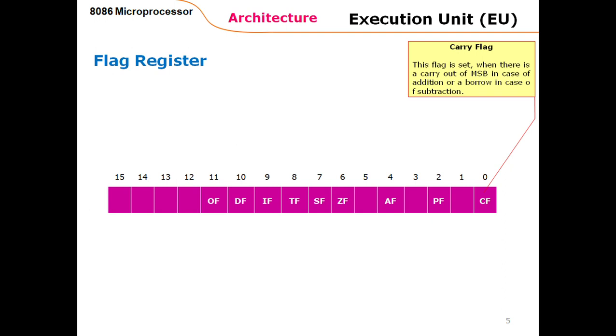If there is no carry, the carry flag is 0. The same flag is also used during subtraction. When a value is subtracted from another, if a borrow was needed at the most significant bit position, that borrow is recorded here. If a borrow was required, the carry flag is 1. If it was not required, the carry flag is 0.